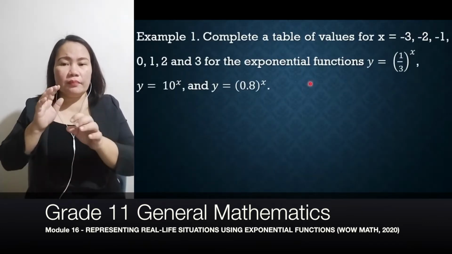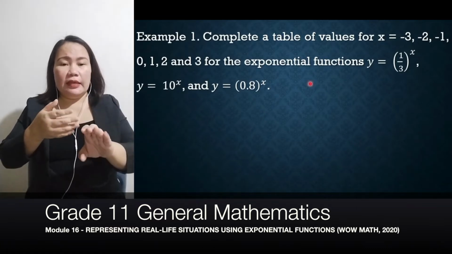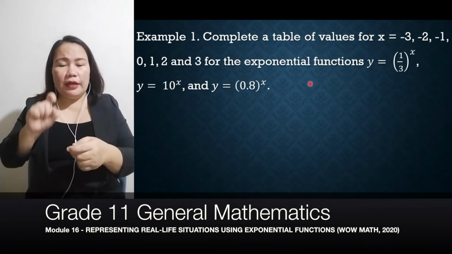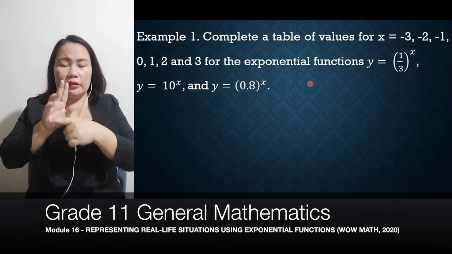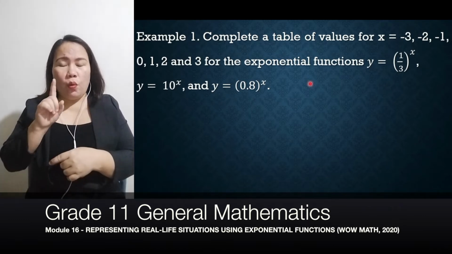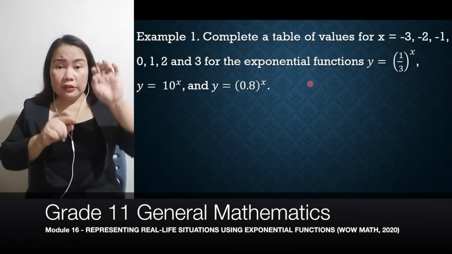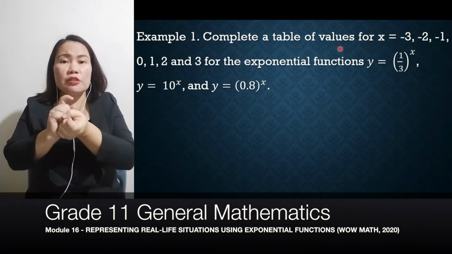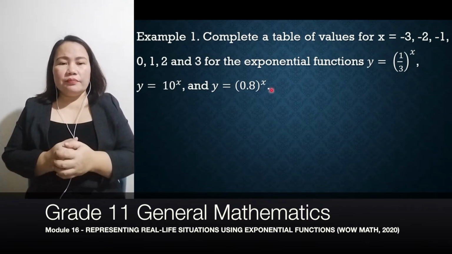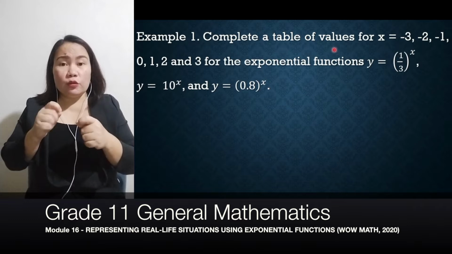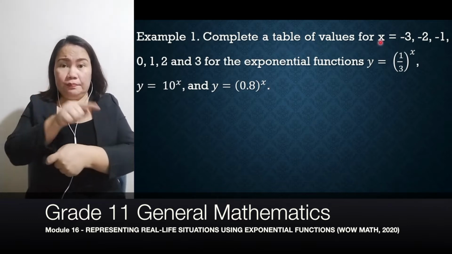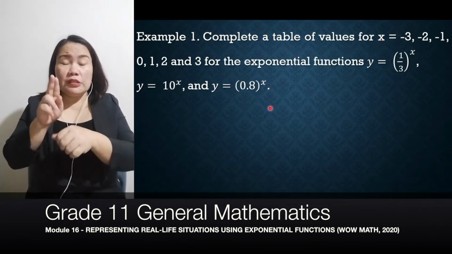Okay, complete a table of values for x is equal to negative 3, negative 2, negative 1, 0, 1, 2, and 3. Okay, we have a given function here and then we substitute the given values in. So I try to construct a table of values using the given values of x. Okay.